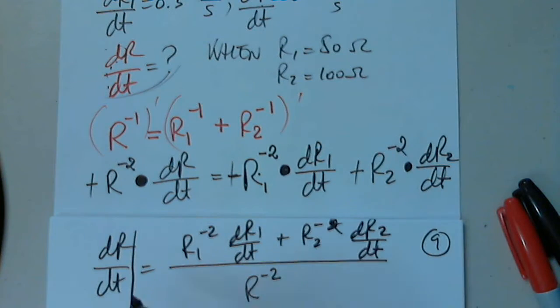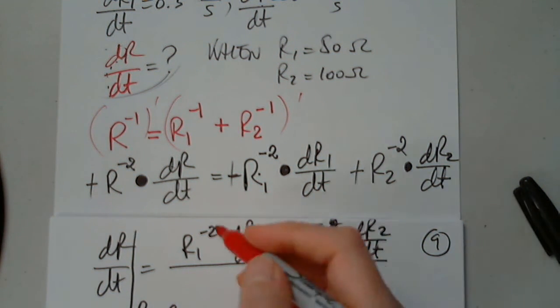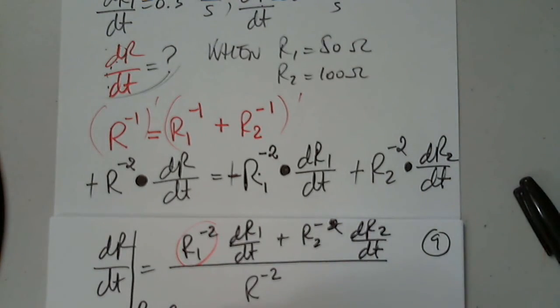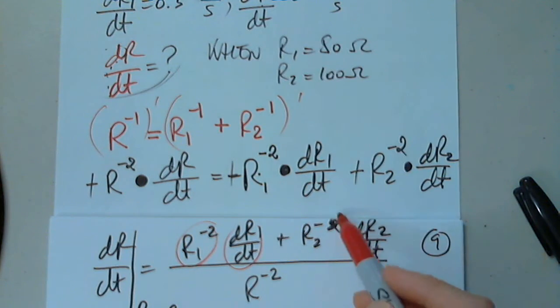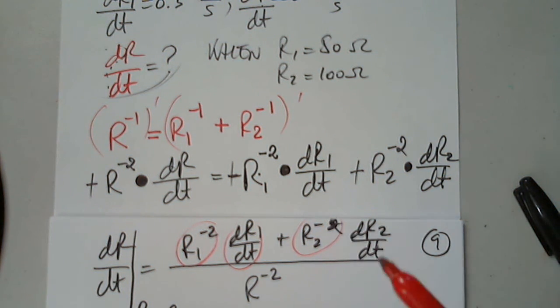So now let's see what we are given. We are given when R1 equals 80 and R2 equals 100. So we have this 80 to the negative 2. We have this 0.3. I have this 100 to the negative 2. I have this 0.2. I don't have this.